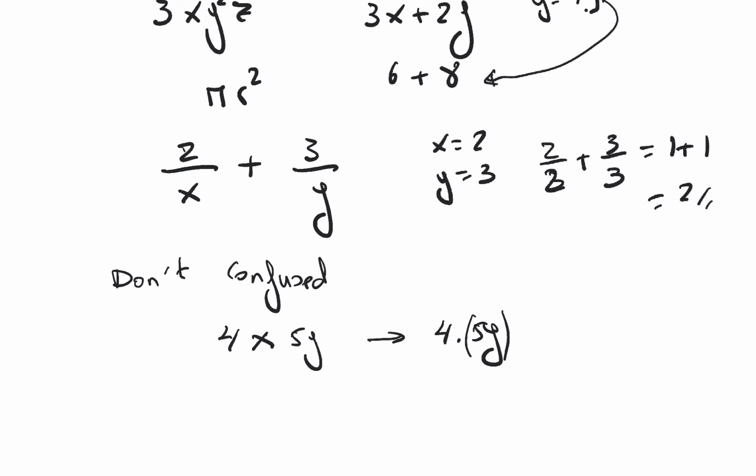So it's better sometimes to put the sign of multiplication like a point. 4 times 5 multiplied by y. Okay, this is 20y, because 4 multiplied by 5 is 20, 20 times the variable y. If y equal 2, 20 times 2 is 40.